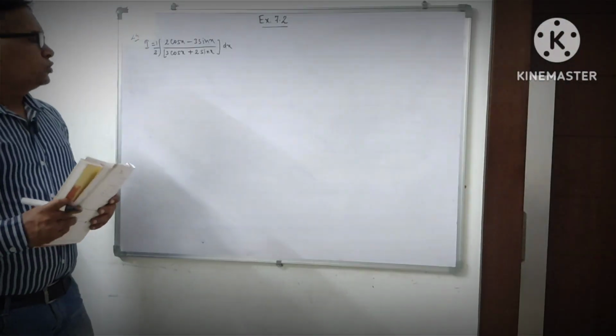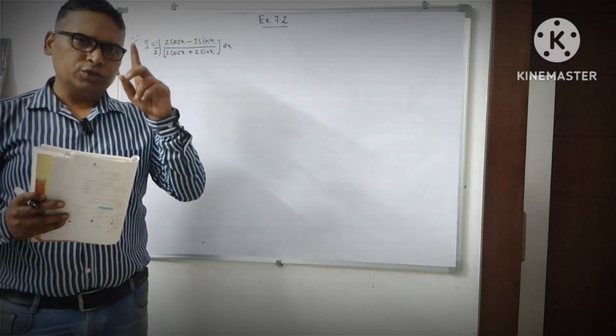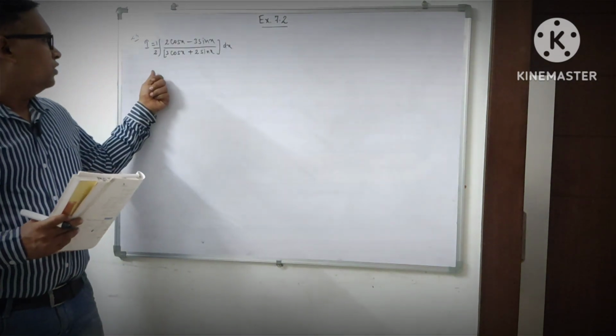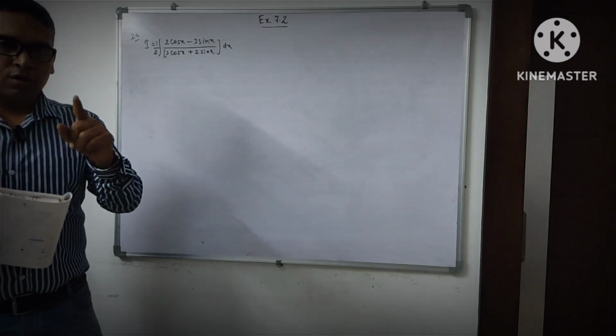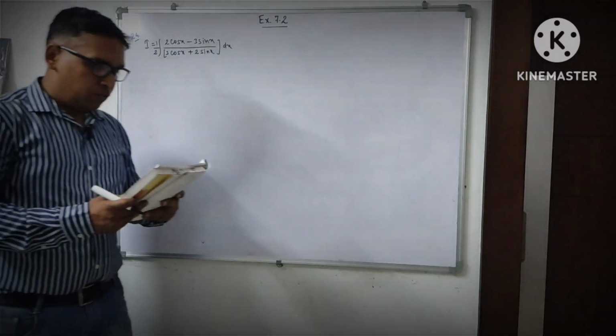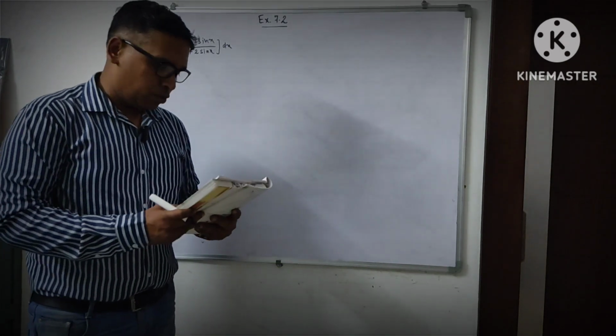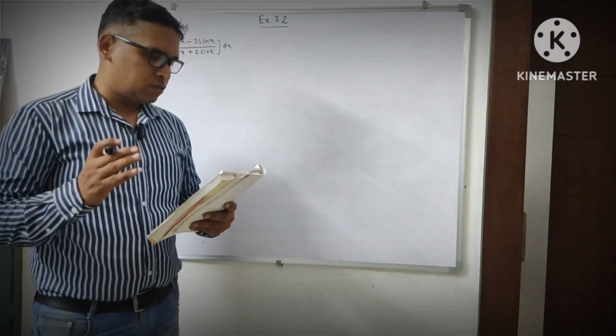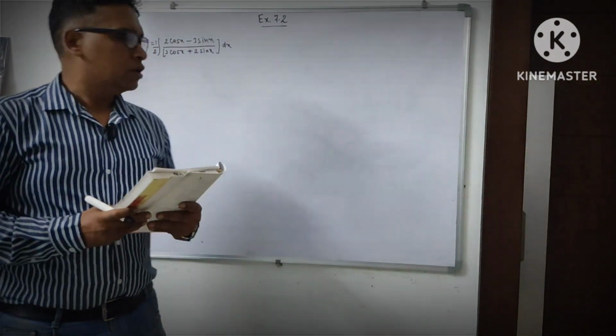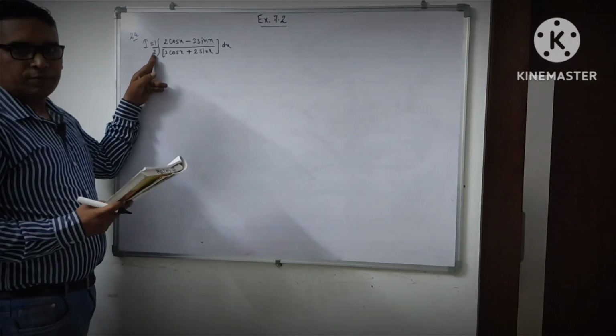Yes, children, now the story of question number 24th. In question number 24th on the board, I have taken 2 common from the denominator. If you go through the original question given in the book, we have 6 cos x plus 4 sin x in the denominator. So I take out 2 common.